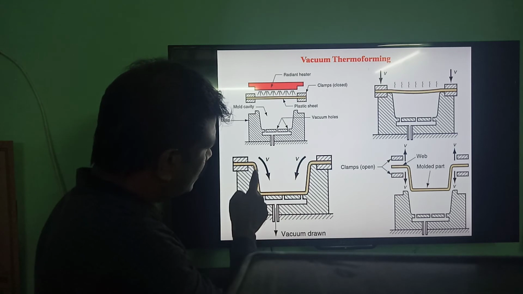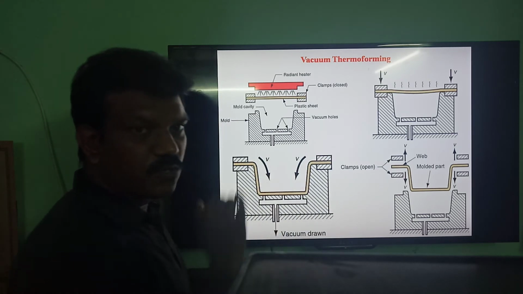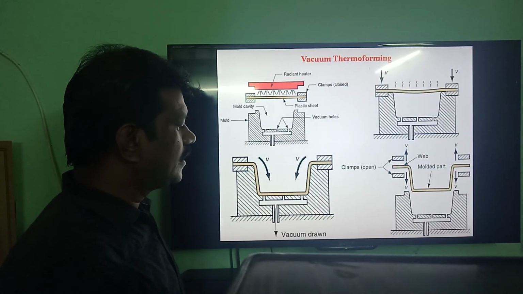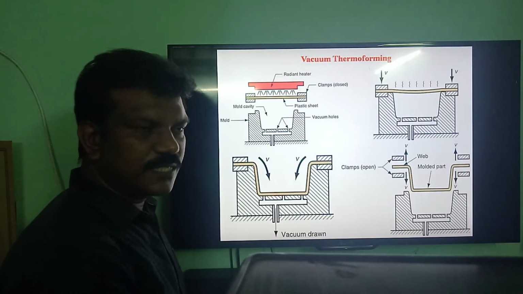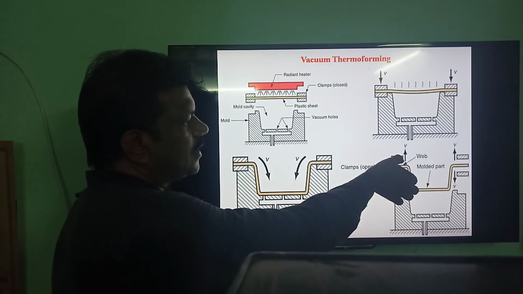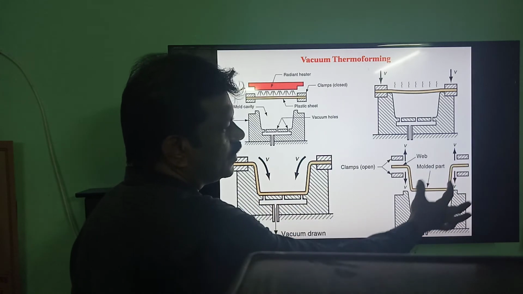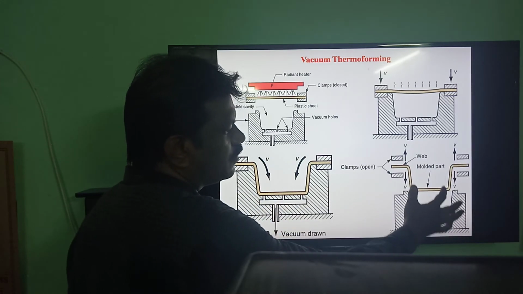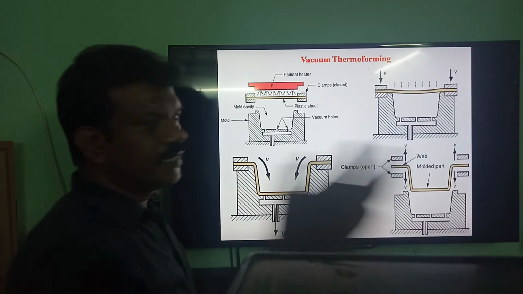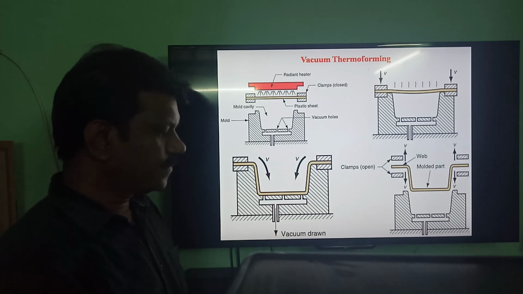There will be material flow in this direction, and then it will be deposited over the inner surface of the mold. Then it is subject to the solidification process. Once it is completely solidified, we open the clamps so that the molded part can move upward and be removed. So this is called vacuum thermoforming.